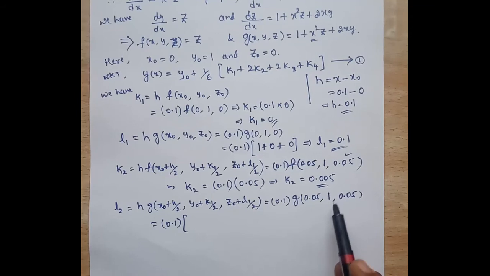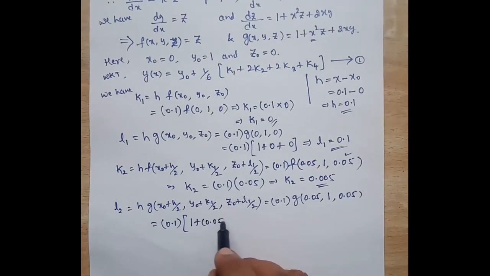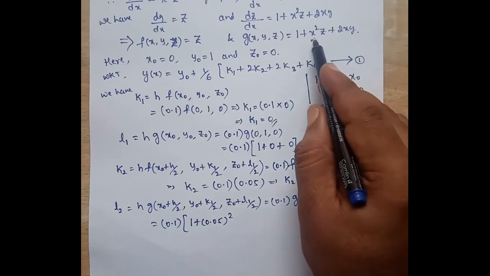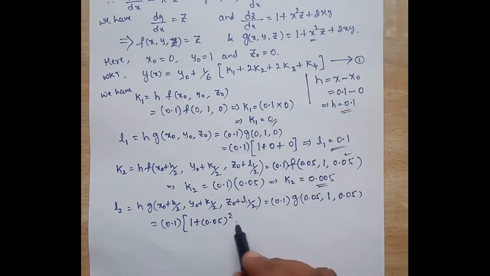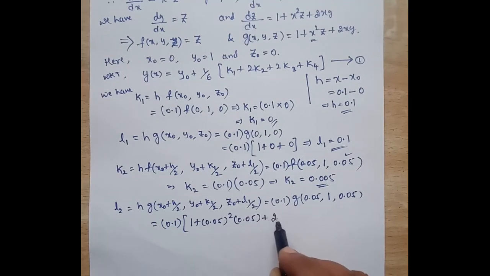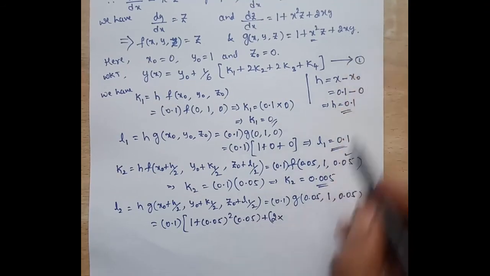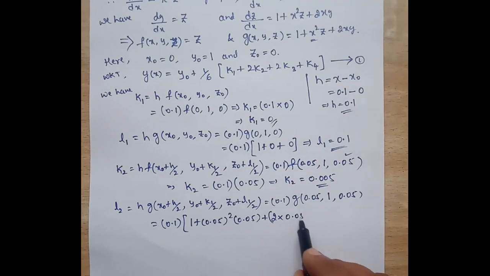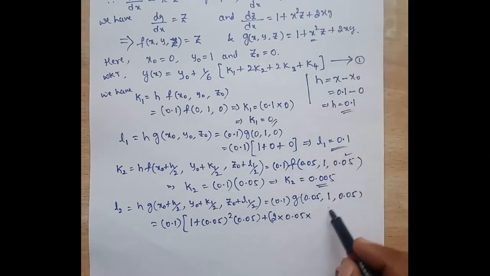So it is 1 plus x square, which means 0.05 whole square, into z, which is again 0.05, plus the next term, 2 into x, which is 0.05, into y, which is 1.